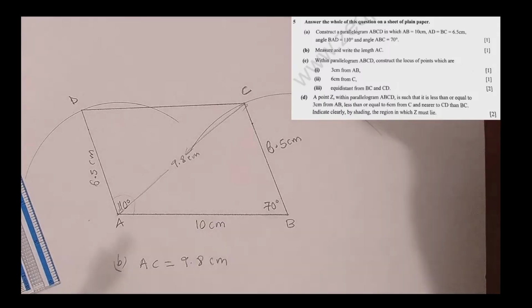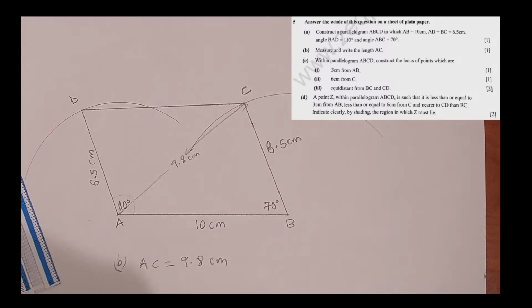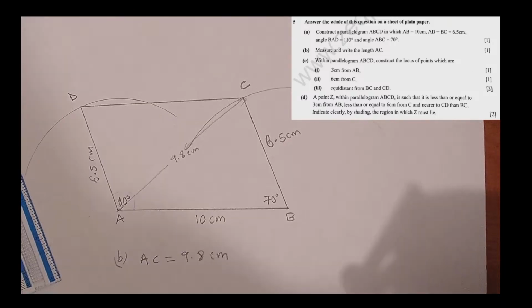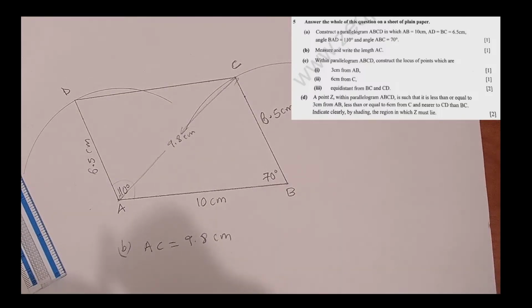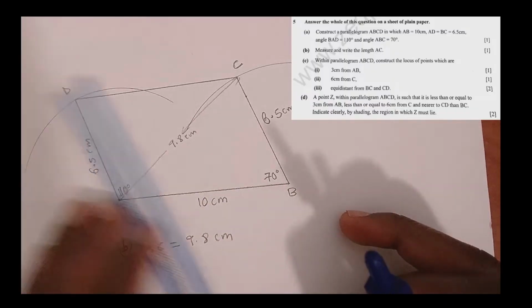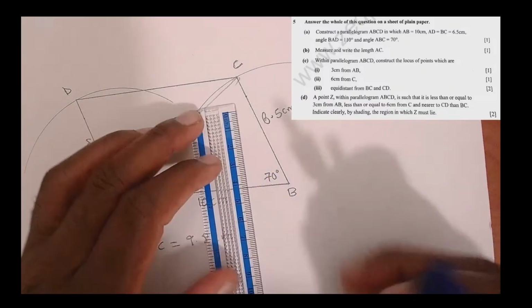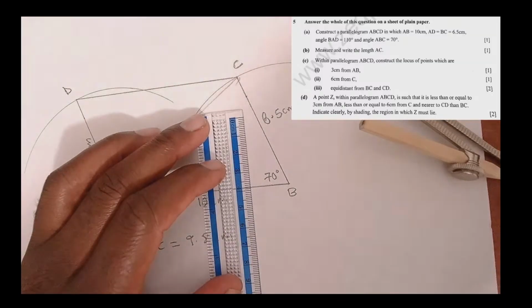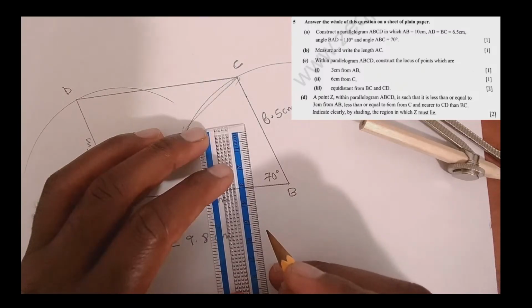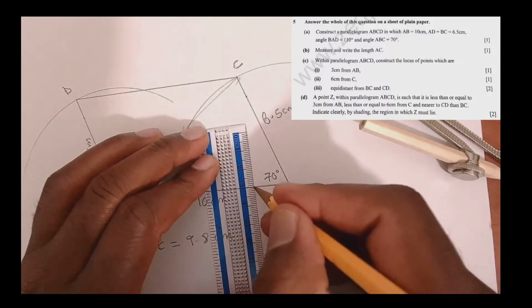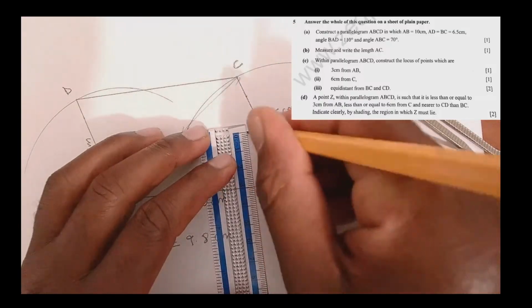All right, that was good. So what we've done so far is just 2 points, right? Now within the parallelogram ABCD, construct the locus of points which are 3 centimeters from AB. So this is my AB. Again, I use the easiest method, right? So let me use a different pencil. Okay, so 3 centimeters. So I just put my ruler's 3 centimeter mark on the line, and I put a point here.